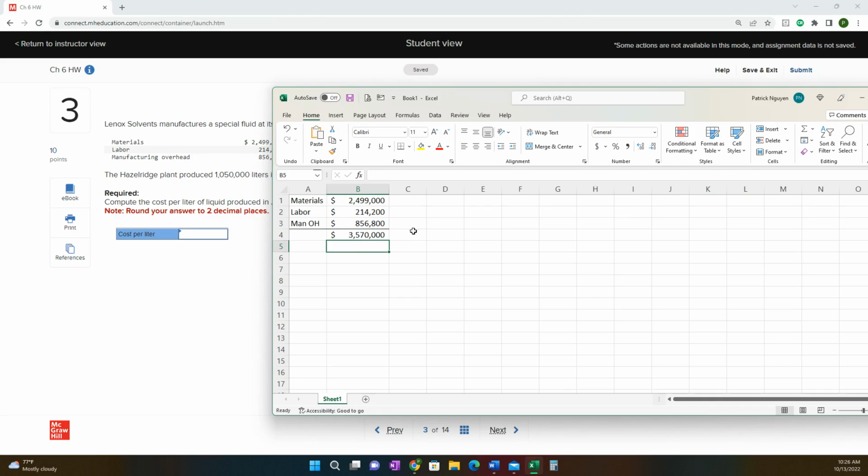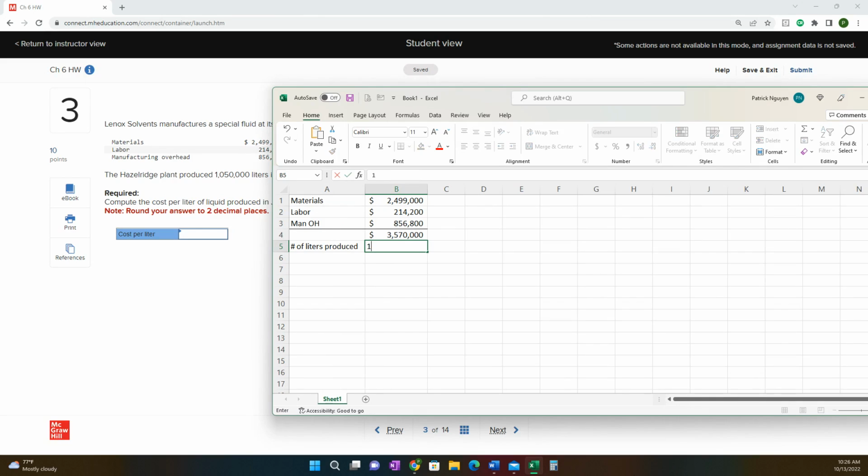Next, we divide that amount by the number of liters produced. So we divide $3,570,000 by 1,050,000 liters, and we get $3.40 per liter. So that's question number 3.